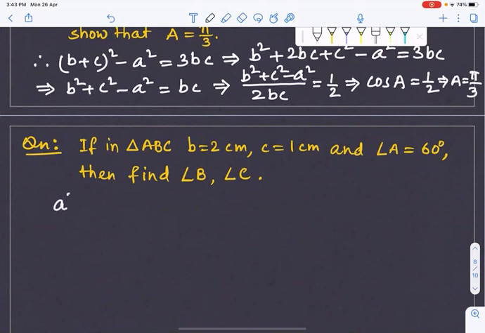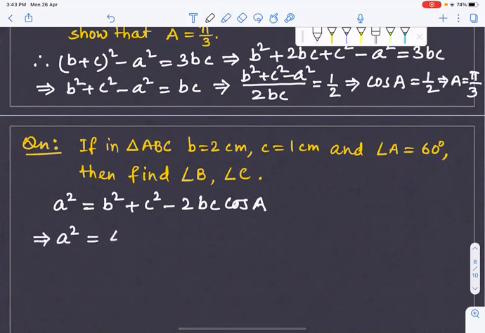We have a² = b² + c² − 2bc cos A. And this rule implies a² equals b², b is 2, so 4, plus c² is 1, minus 2 into 1 into cos A, which is half, since cos 60 is half.